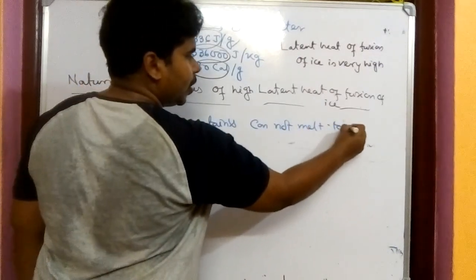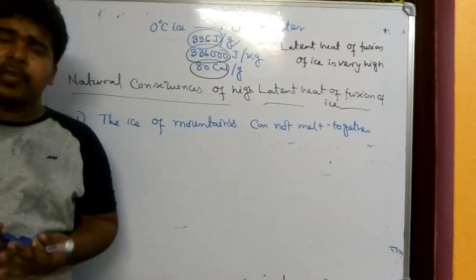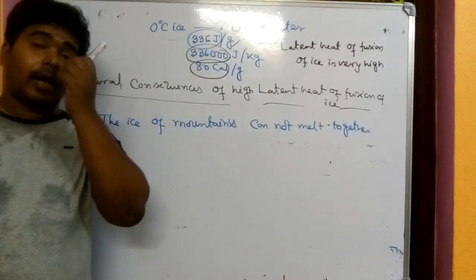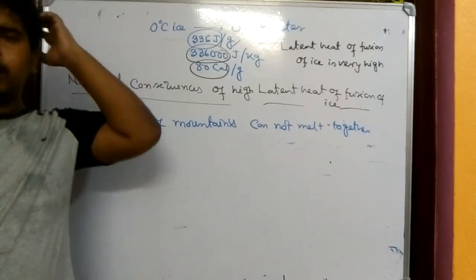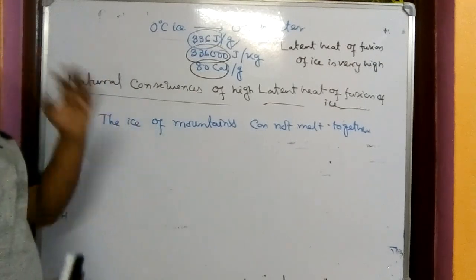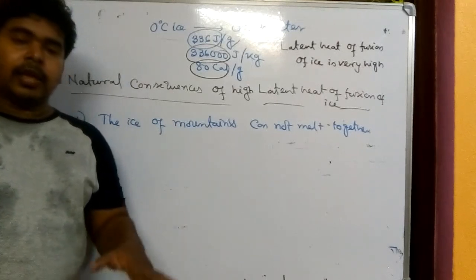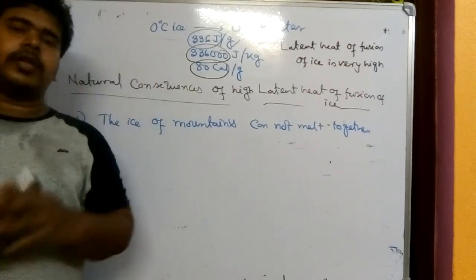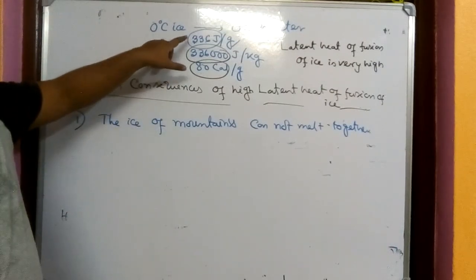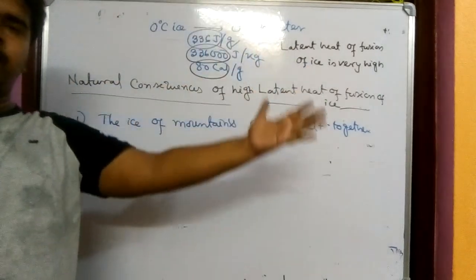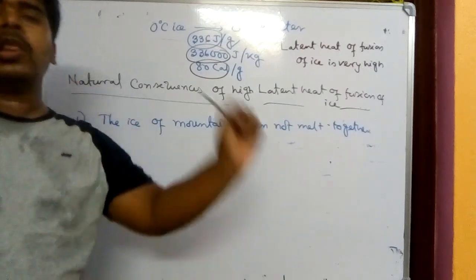So we know in mountains whose height is very high, there is ice at the top all the time. Whenever the sun rises in the morning, it may occur that all the ice will melt suddenly, and as it melts suddenly, the level of the water in the sea will suddenly increase, but it will not occur. Why? The reason is that the heat energy required is so high that it is not possible to reach that much heat energy to melt all the ice together.